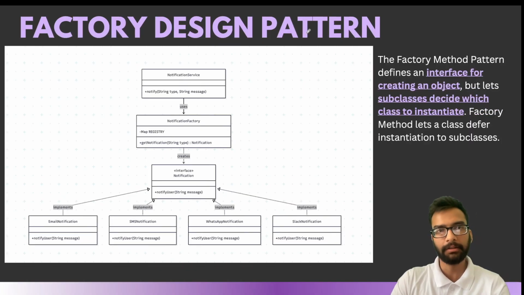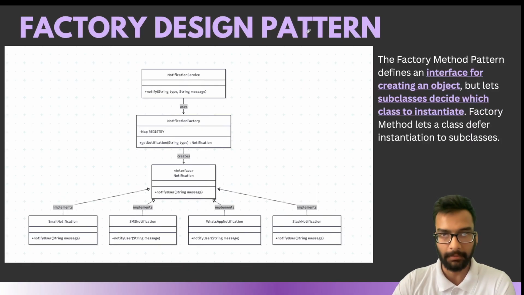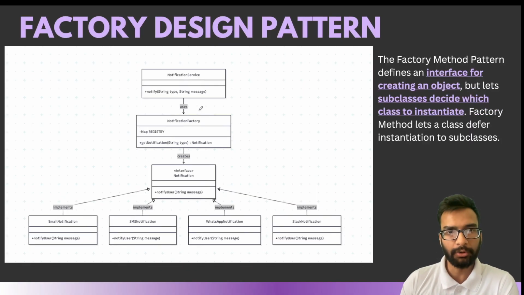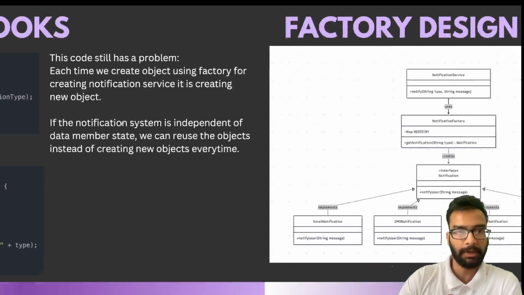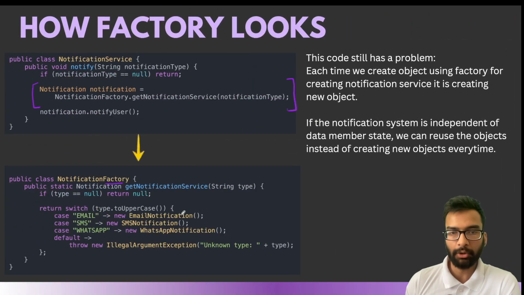Now look at the factory design pattern UML diagram. Notification service has a notification factory. It has a get notification method which will return the type of notification we want, and it can also have a registry. In the previous example, we are creating the notification object every time.